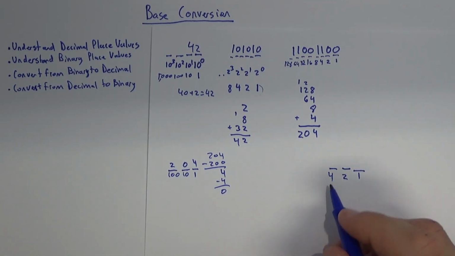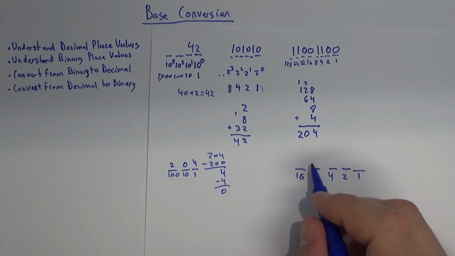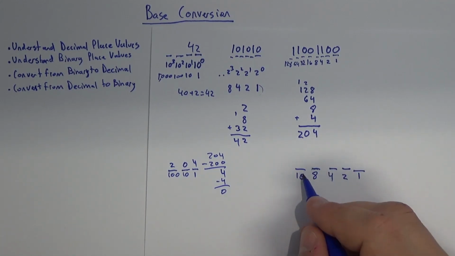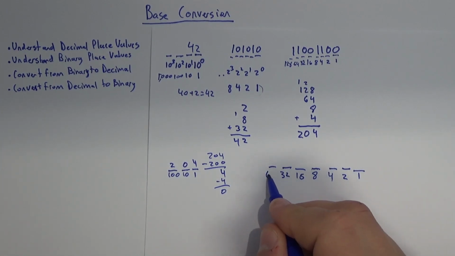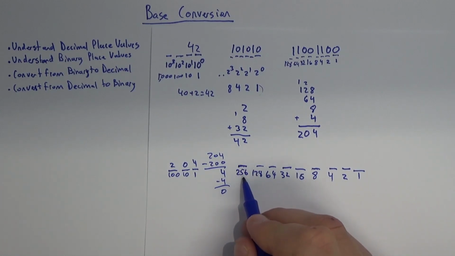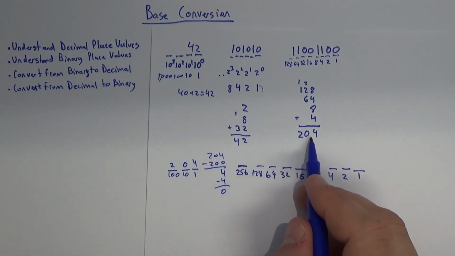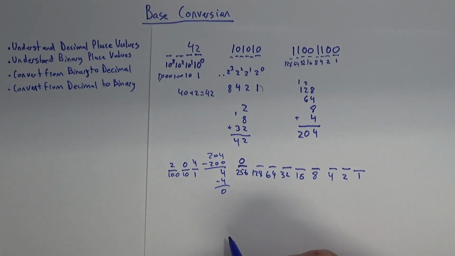We also have 4s, 8s, 16. All these numbers are smaller than the number that we're trying to represent in binary. We have 32, 64, 128, 256. Now you'll notice 256, there's no way that I'm going to have a value for the 256 out of 204. So I know that this one's going to be a 0.